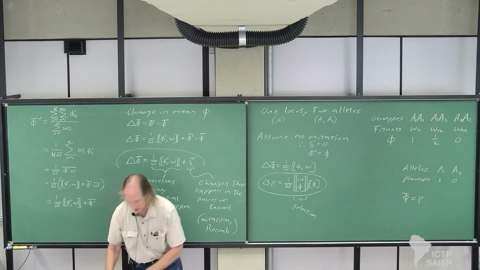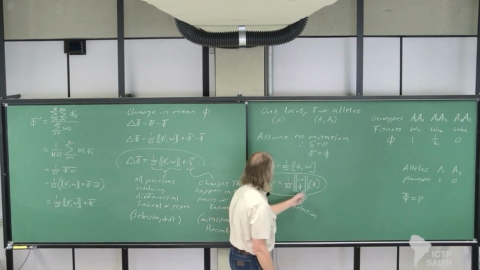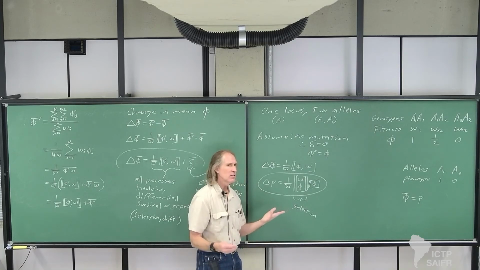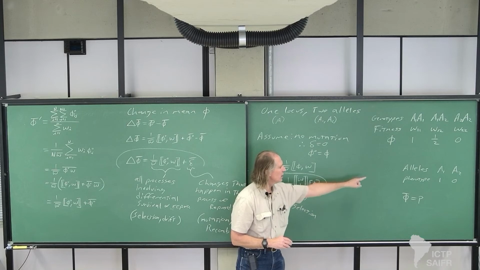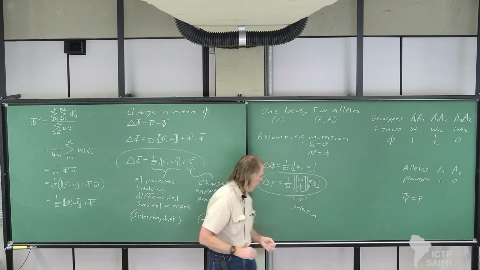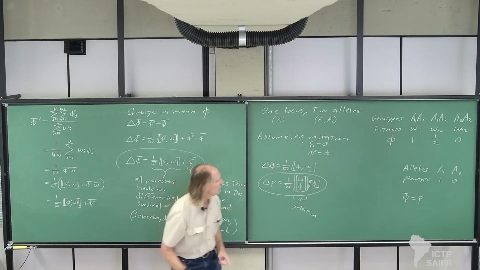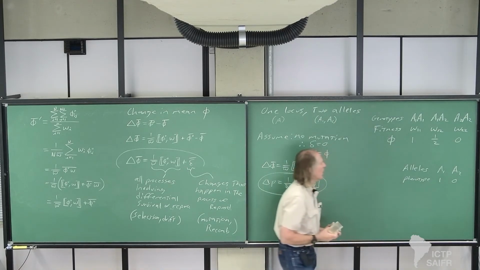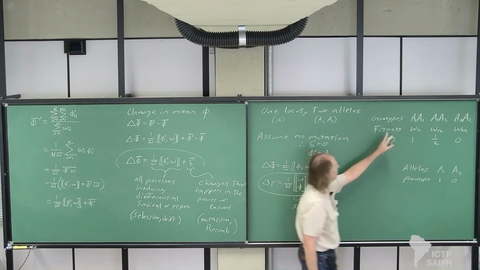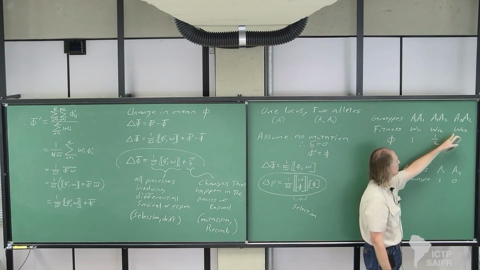So, how can we work with this? Turns out it's really easy to work with. It's going to be useful to focus on the allelic interpretation here. In the case of genotypes, I have assigned fitness to genotypes.